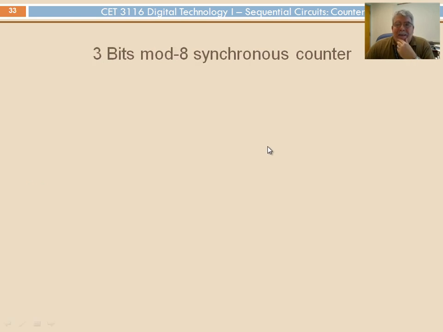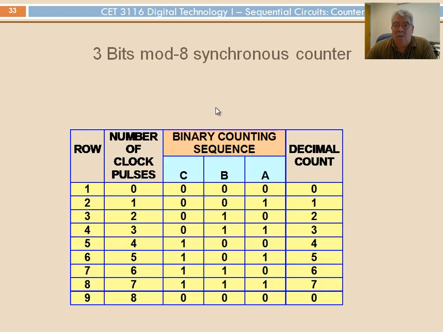All right, I'm going to show you how exactly the 3-bit synchronous counter works in terms of the truth table. Okay, this is very simple. This is the count. We start with 0, 0, 0, 0, 0, 1, 0, 1, 0, and so on until we reach 1, 1, 0.